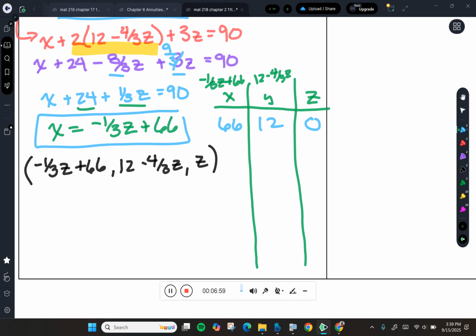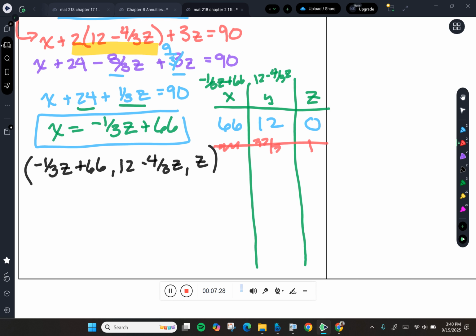Okay. Well, the next non-negative integer that z could be would be 1. But if I put a 1 in for z in my x's and y's, I'm not going to get integers. The second one is going to be 12 minus 4/3 z, so that's 32/3, which is not an integer, so that answer isn't going to work.